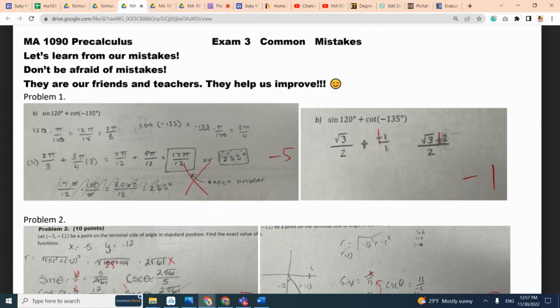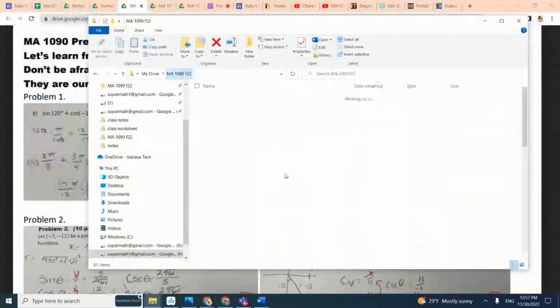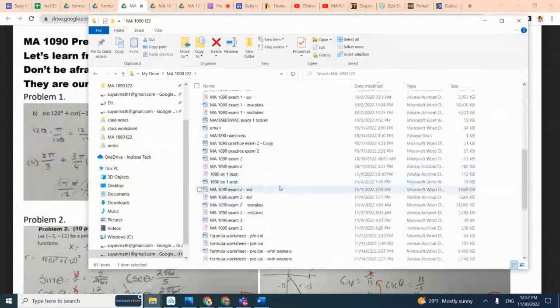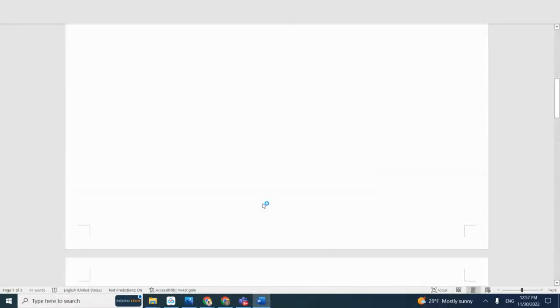Are you familiar with the four quadrants, your 6 trig functions, whether they are positive or negative? We cover that in the review session, right? So where's the review session? Okay, the review for practice exam 3, yes, here. We talked about that in the review session.